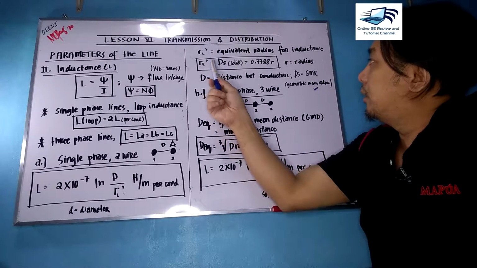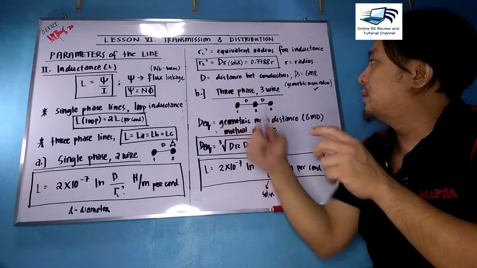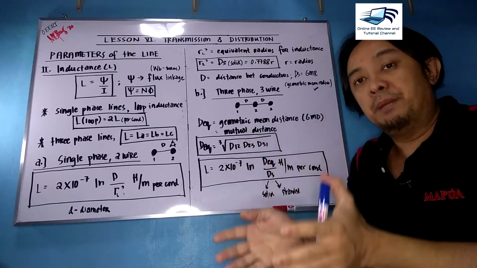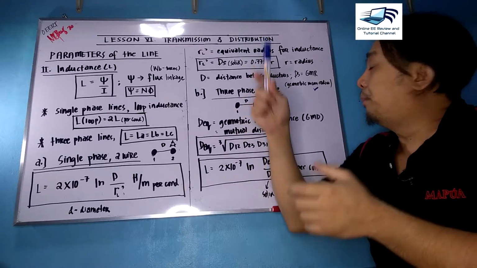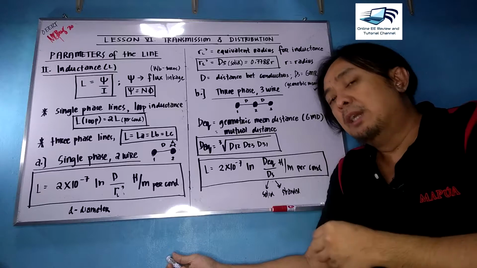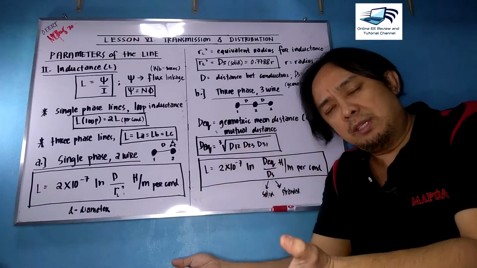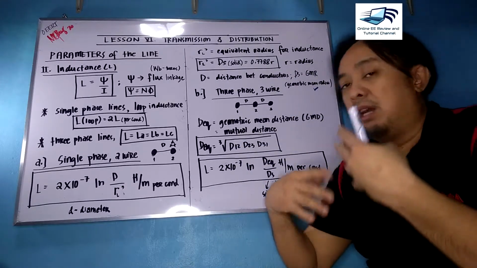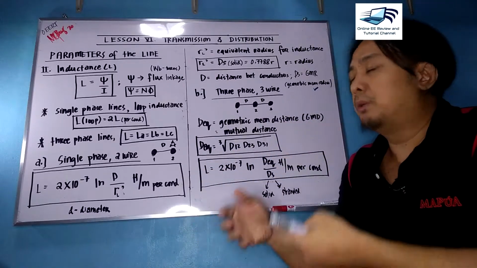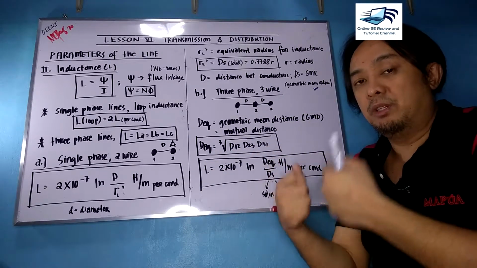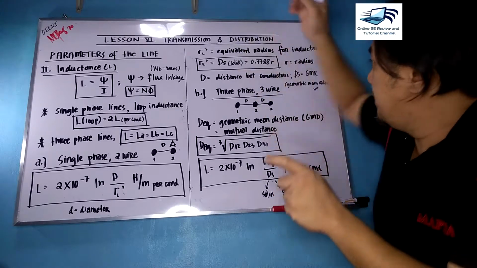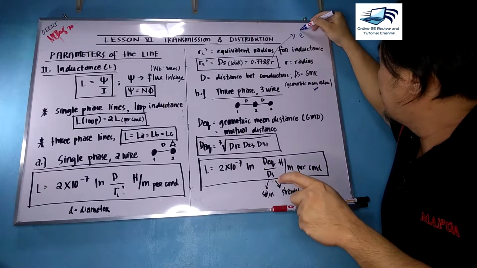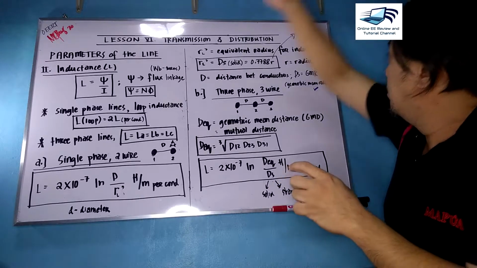The equivalent radius, geometric mean radius, or self-distance of a solid conductor is 0.7788 multiplied by the radius r. The 0.7788 comes from considering your conductor as a hollow type material, and since it is aluminum or copper, we can have a derivation so that the self-distance, or GMR, becomes 0.7788, which is simply equal to e raised to negative 1/4.